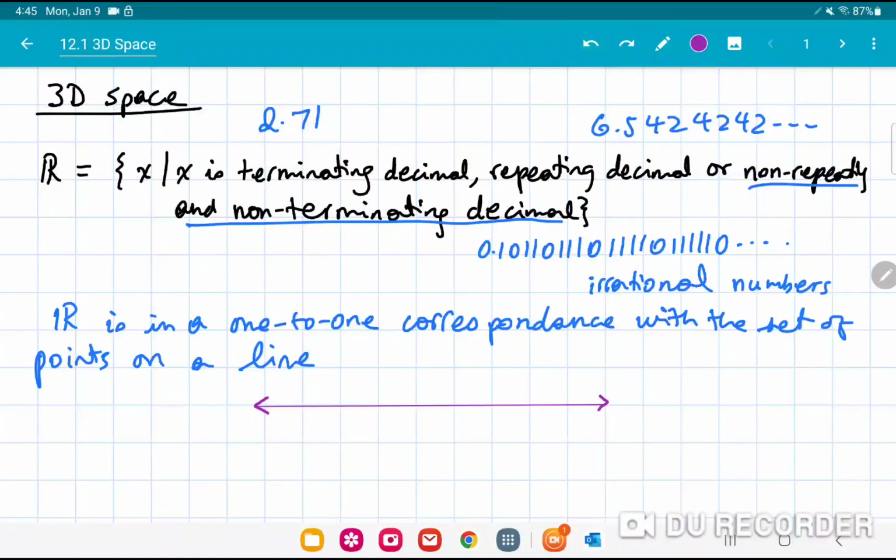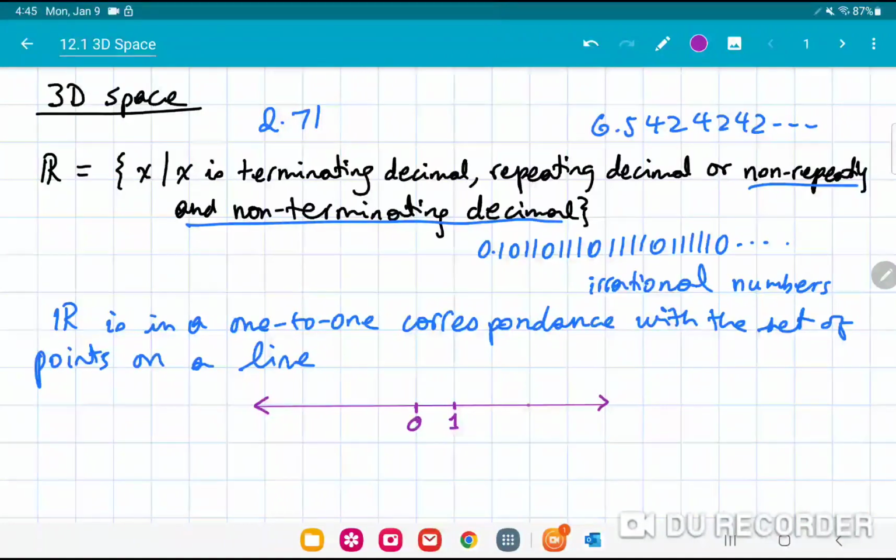So how do we do that? We pick a point and we simply pick an origin. And then we pick another point and say, okay, this is where we place 1. That's more like a yardstick. And then for every point, we can measure the distance from 0 and we can give it that name.